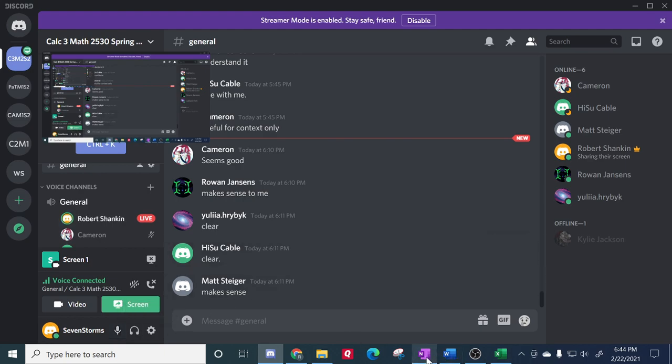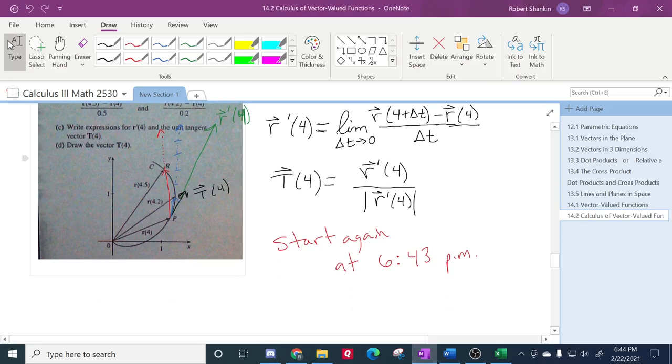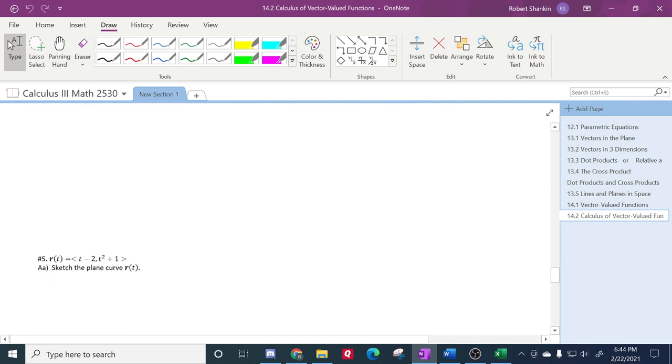All right, start back up again. If this is a two-space vector-valued function, let me give you a minute, go ahead and sketch the plane curve r of t.